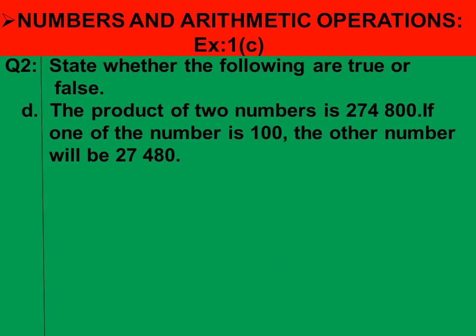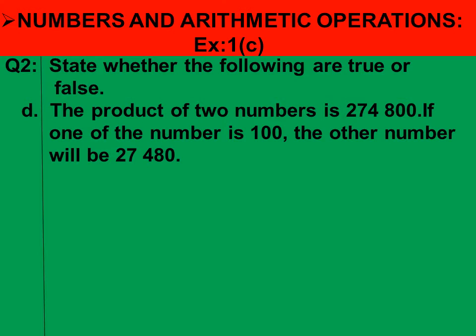Now question number 2, part D. The product of two numbers is 274800. If one of the numbers is 100, the other number will be 27480. Dear students, the check of product is division. Here product is given, one number is given.